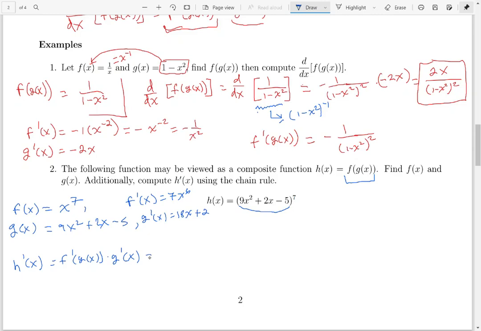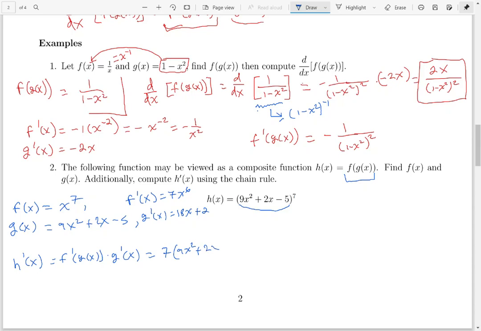Then via the chain rule, using our official formula approach, that's going to be 7 times g of x, which is 9x squared plus 2x minus 5, raised to the 6th power. So that was f prime of g of x, right? All I did was take g of x, plug it into f prime, and that's what I got. But then times g prime, which is 18x plus 2. That's my derivative.